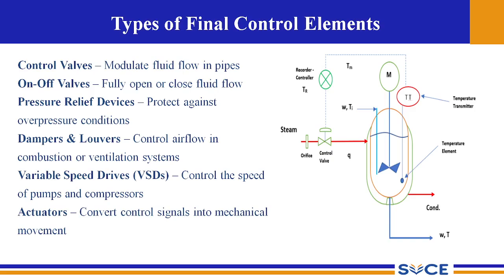Next is the variable speed drives, or in short VSDs. They will control the speed of the pumps and compressors. Next are the actuators. The actuator is a device which will control the mechanical movement of the valves.